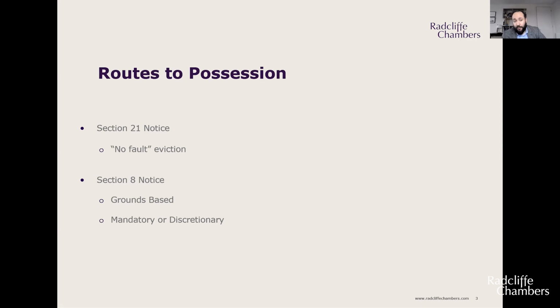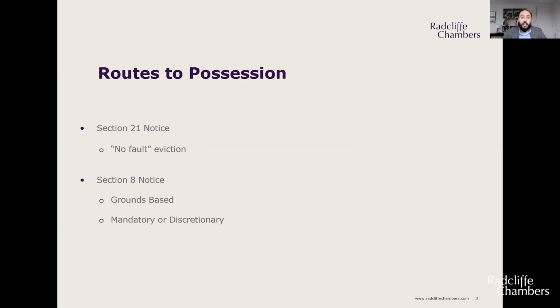A Section 21 notice validly served will result in a possession order being made if the tenants do not leave the property, and obviously can then be enforced through the usual means. However, there are a variety of legal requirements that must be adhered to by a landlord before he can obtain a possession order under the Section 21 route.